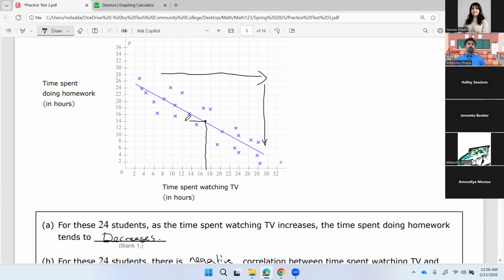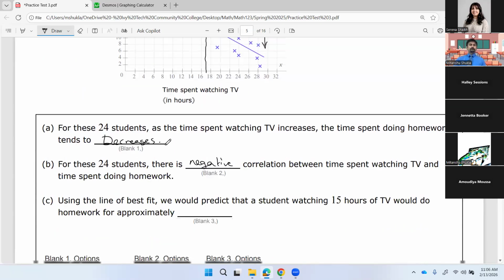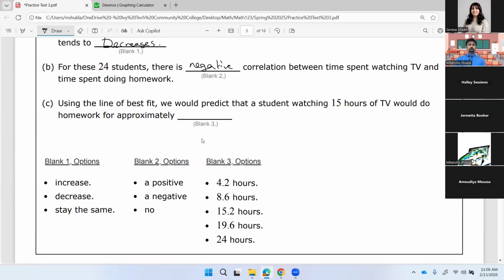And I'm going to run that across and see how many hours of homework that translates to. And it happens to be 14, or 15.2. That's the best answer.